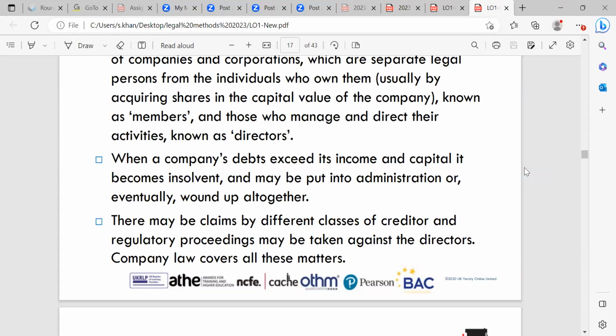So for example, if you open a company, Jacqueline, and you have so much debt in that company that you can't pay your creditors, then you will become insolvent and you will declare bankruptcy. When you declare bankruptcy, there will be proceedings against the directors to get the money, so that you can pay the creditors.